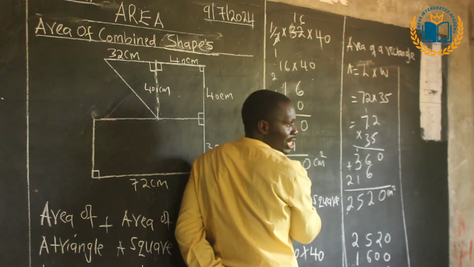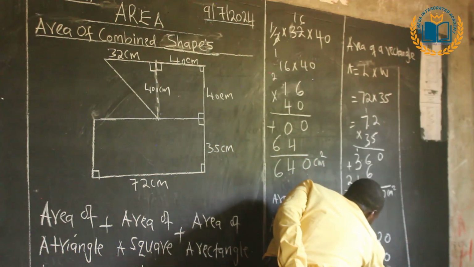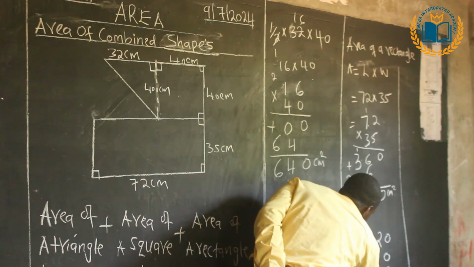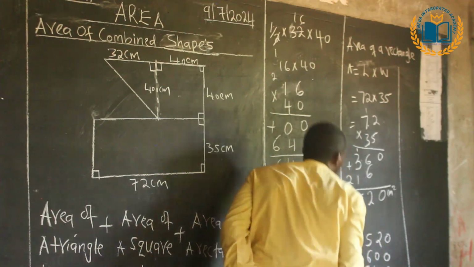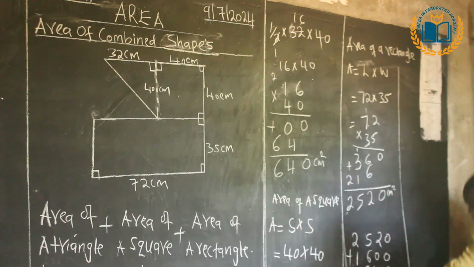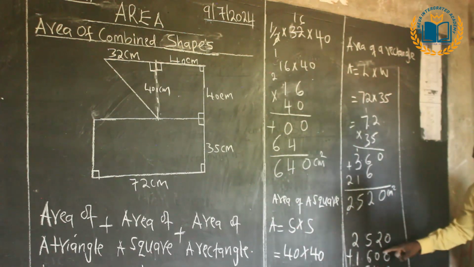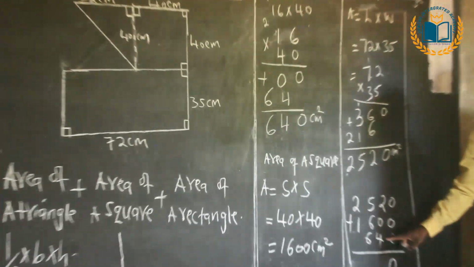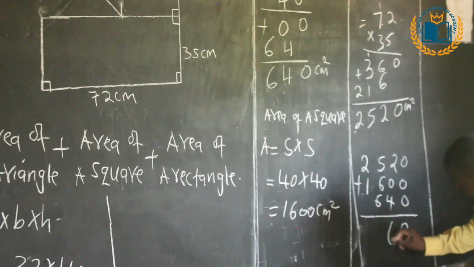Then this 4 is in the tens position, you write here. Then 6 is in the hundreds position, you write here. So we add them together like that. Now 0 plus 0 plus 0 is 0. 2 plus 0 plus 4 is 6.